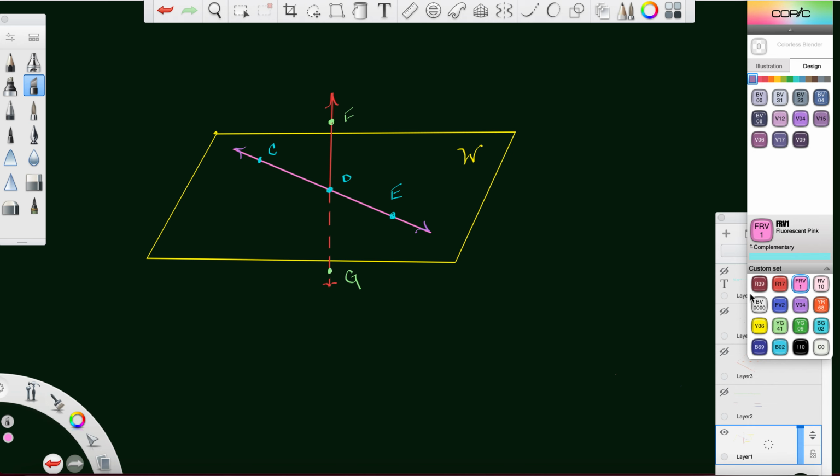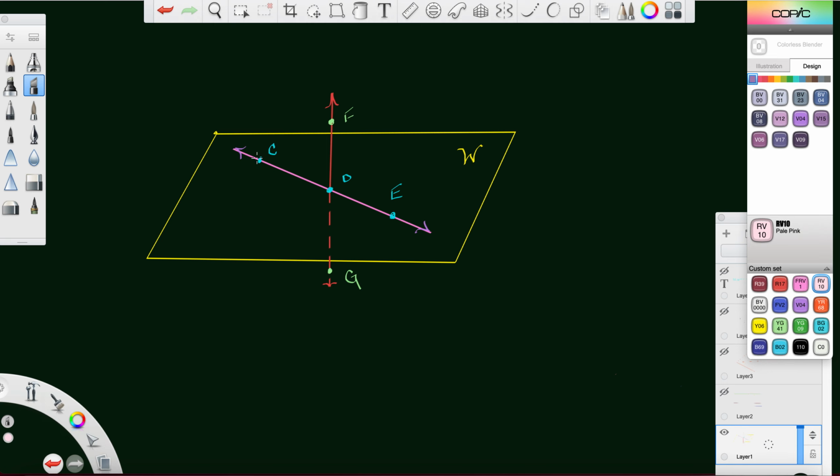I want to start with what the first question is going to look like. The first question is going to be, which point would be collinear with C and D?